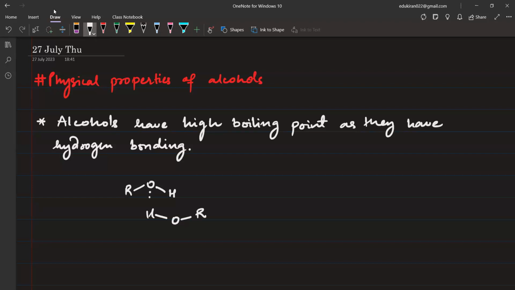So this oxygen and hydrogen will have a bond because oxygen is delta negative, hydrogen will be delta positive. In this oxygen, it is pulling electrons, so this will also be delta negative, and this hydrogen will be delta positive. So this type of bonding is there. This is known as hydrogen bond. Since hydrogen bond is present in alcohol, they have higher boiling point.